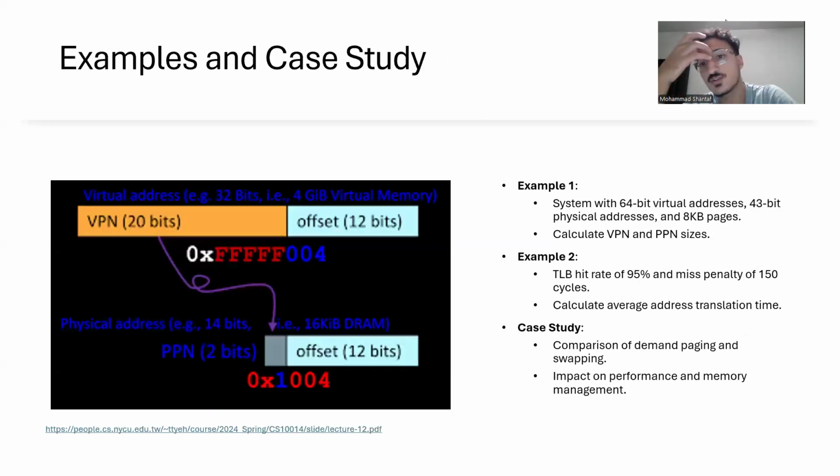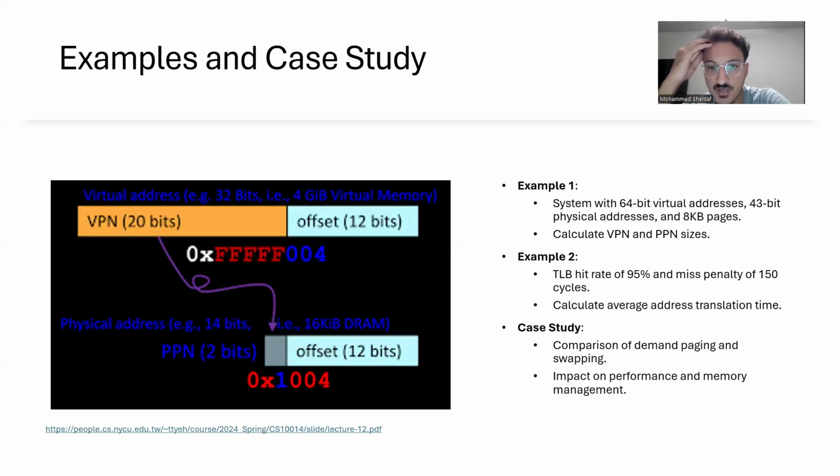Next, we'll just be looking at two examples. First, systems with 64-bit virtual addresses, 43-bit physical addresses, and 8 KB pages, and calculating the VPN and PPN sizes. There's a way we can calculate those: we convert the virtual address into a PPN, calculate their offsets, and from there we'll be able to calculate their sizes.